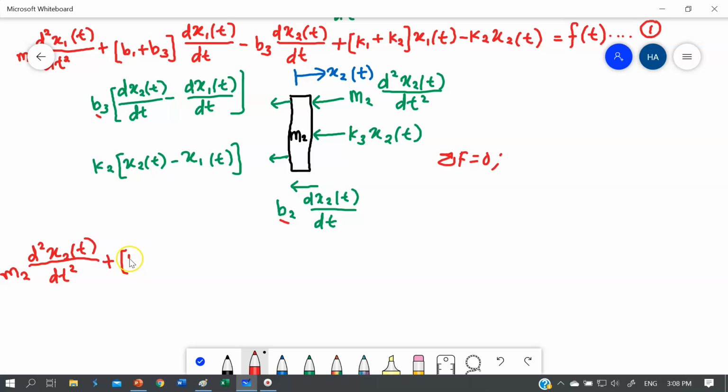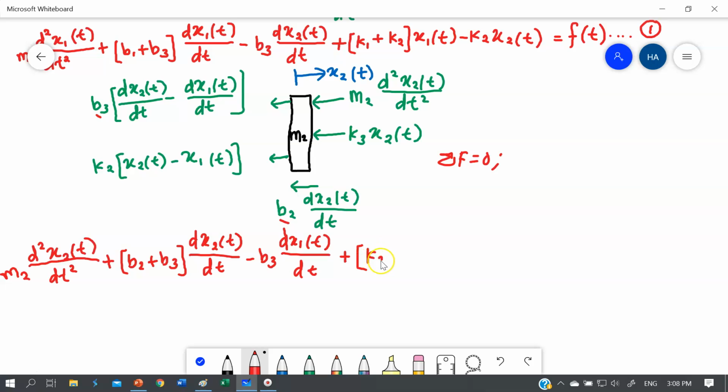So let's write B2 plus B3 dx2t over dt minus B3 dx1 plus we have k2 multiplied with x2, and you also have here k3.